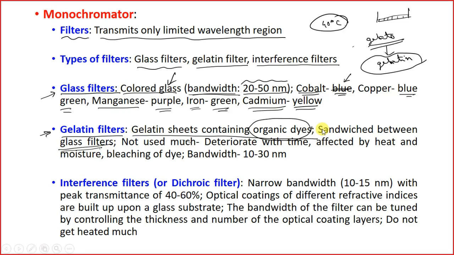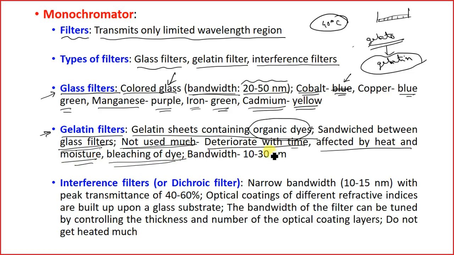However, in commercial systems, they are not used much because they deteriorate with time and they get easily affected by heat and moisture, and in the long run there is bleaching of the dyes.